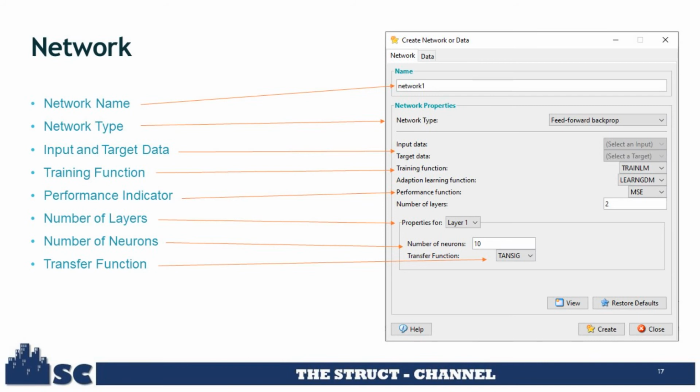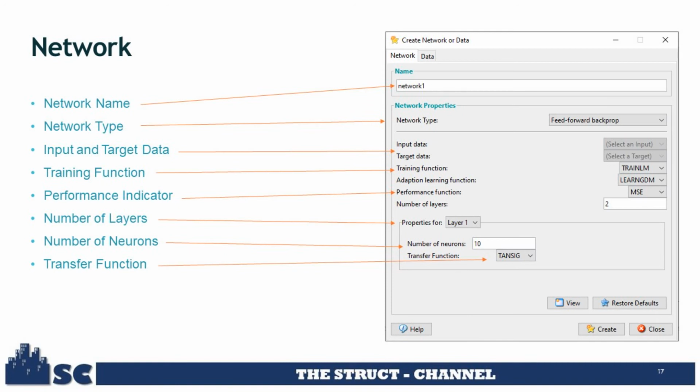We can also change the number of hidden layers and also the hidden nodes. And last is the transfer function. So in this example, we use tansig as the transfer function.